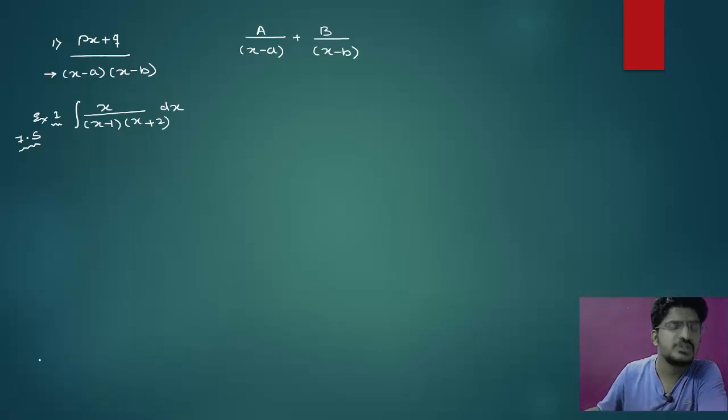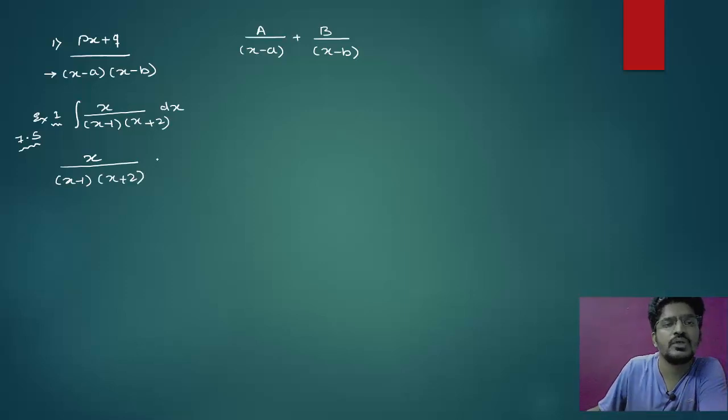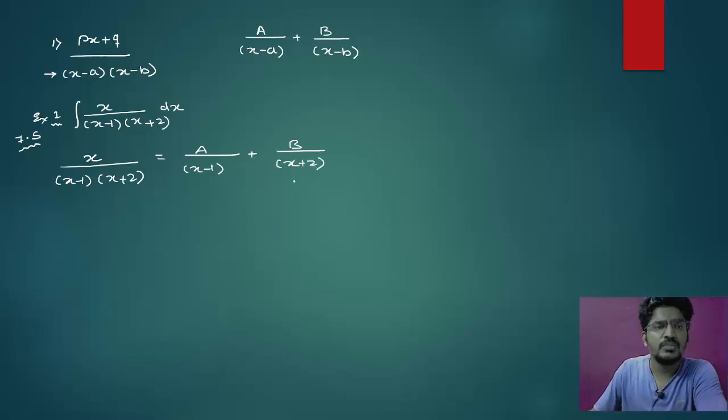Okay, so you just see here, first I have to decompose this x divided by x minus 1 into x plus 2. So how can I decompose it? As a divided by x minus 1 plus b divided by x plus 2.